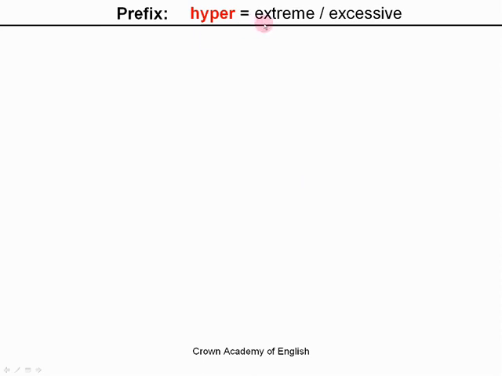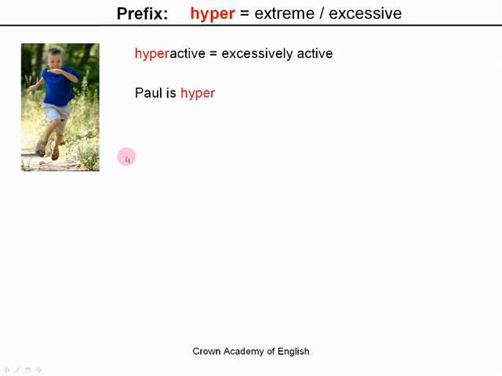Hyper. This means extreme or excessive. Hyperactive. This is an adjective. If someone is hyperactive, they are very active, extremely active, or excessively active. Paul is hyperactive.